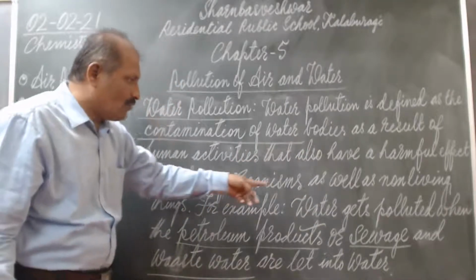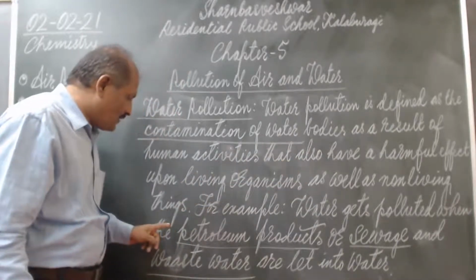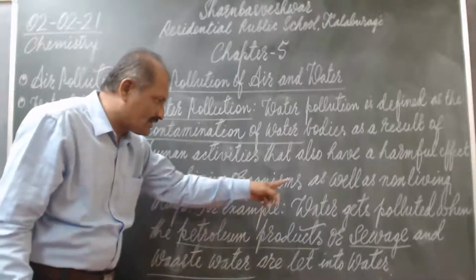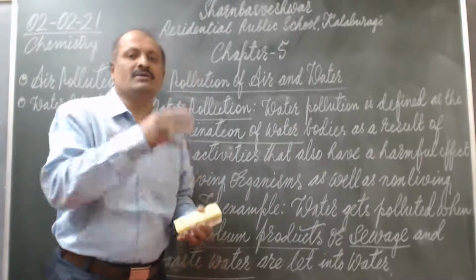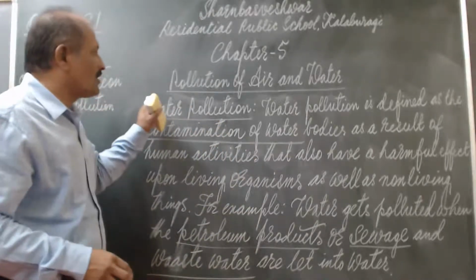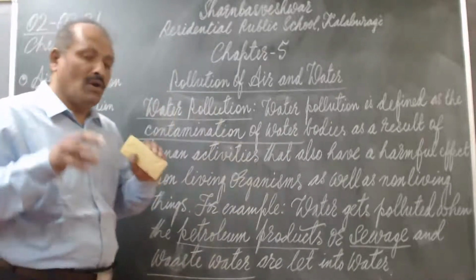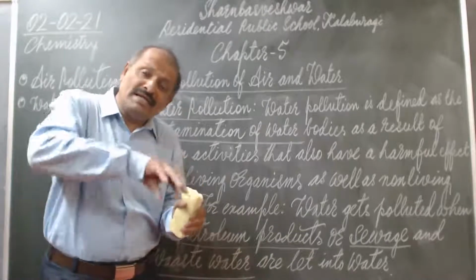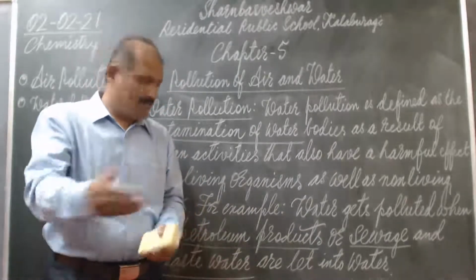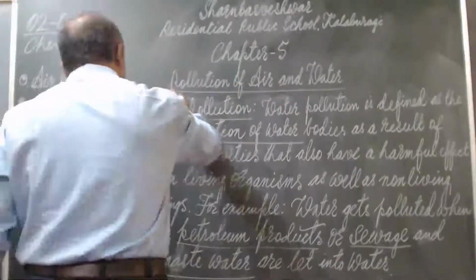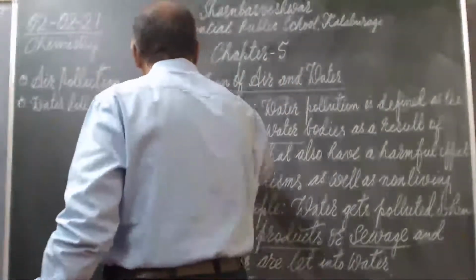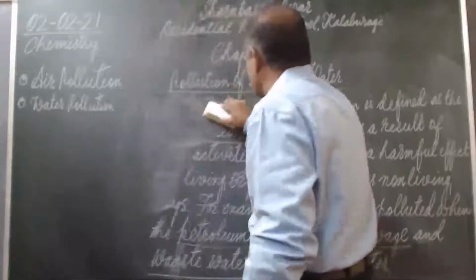For example, water gets polluted when petroleum products or sewage and wastewater are let into water. This is all about water pollution. Now we see pollutants of air and water in the upcoming point, right? Please take down. So next point, pollutants of air and water.